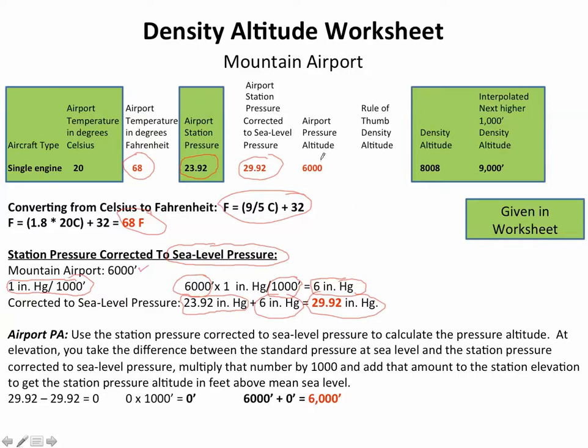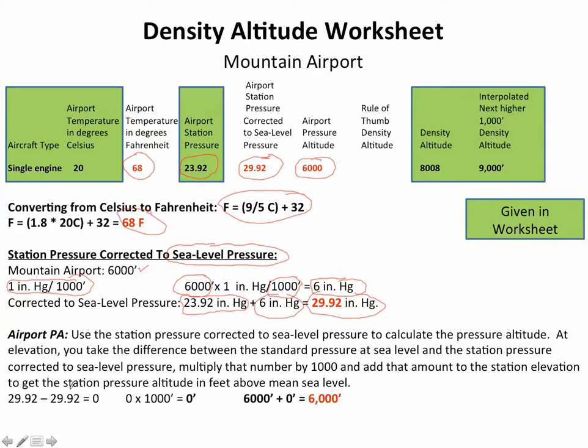That means the pressure altitude is 6,000 feet because remember, standard temperature is 59 degrees Fahrenheit, standard pressure is 29.92 inches of mercury. If there was a deviation from that, we would add or subtract from 6,000 feet.